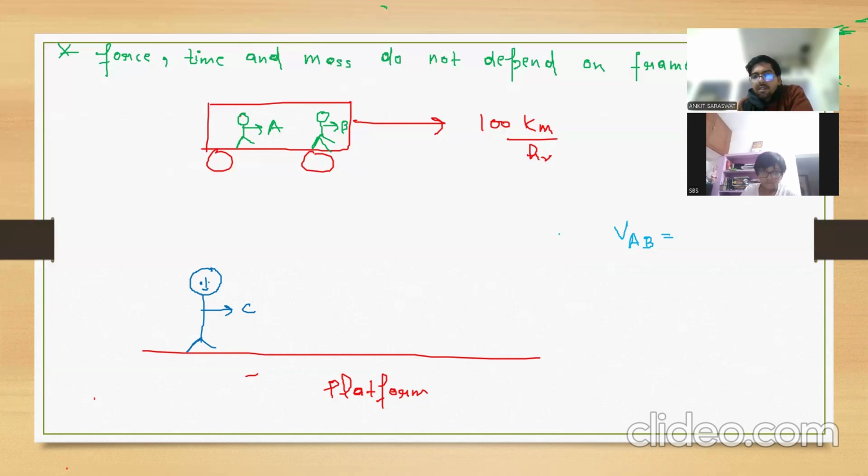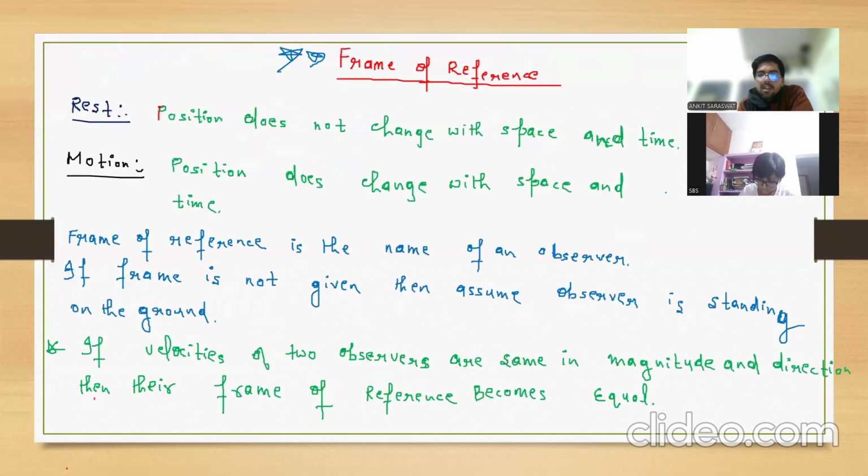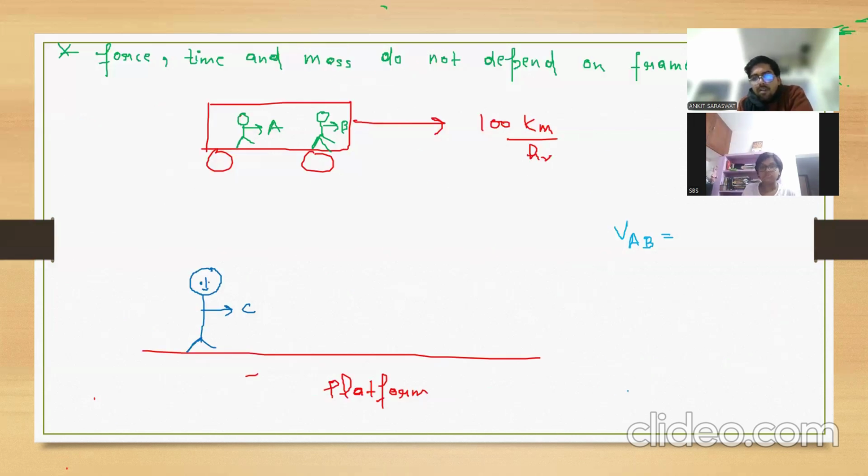That is why their frame of reference is equal. So if I ask the velocity of A with respect to B, it will be 0. So what is the meaning of this term, velocity of A with respect to B?